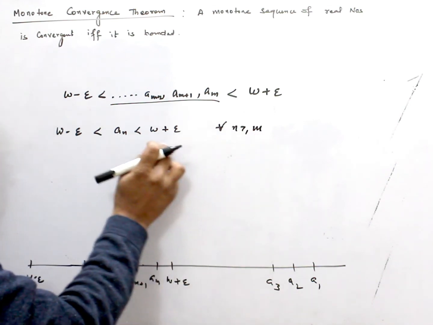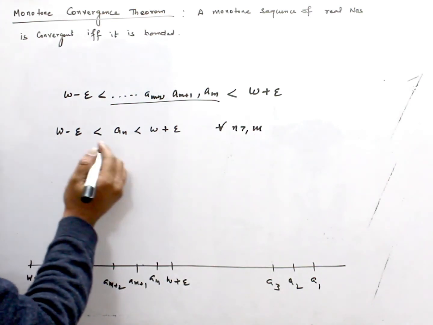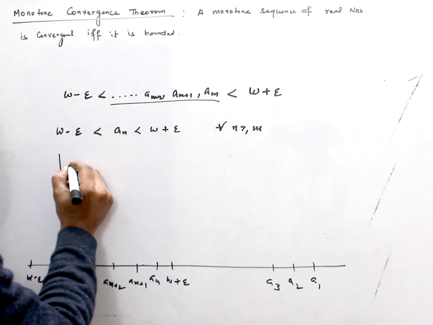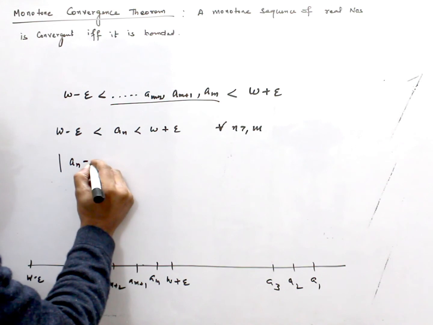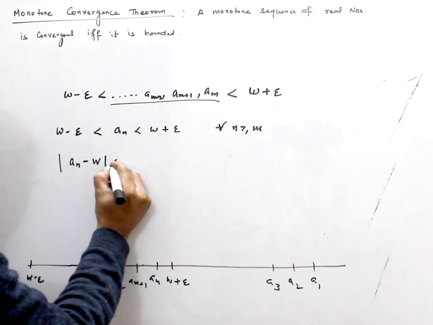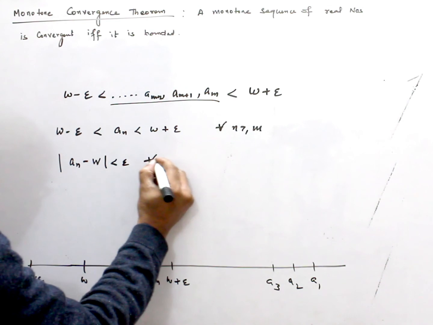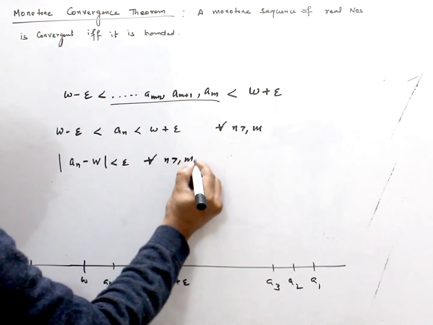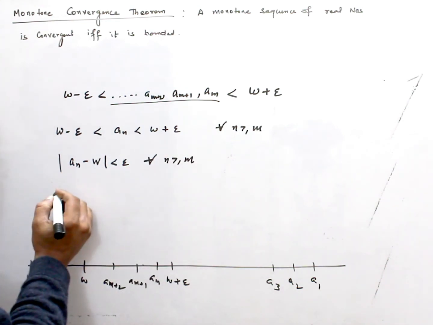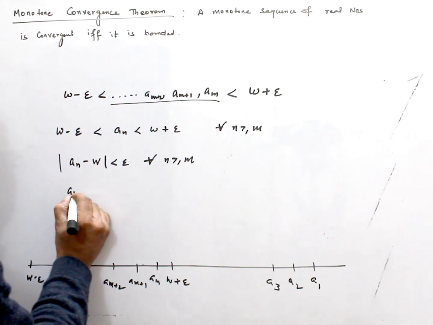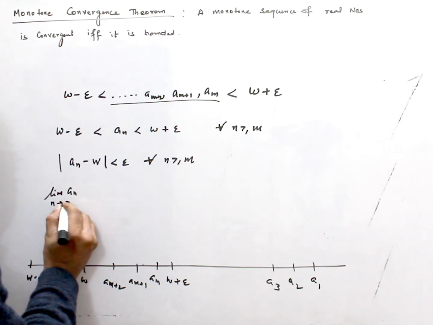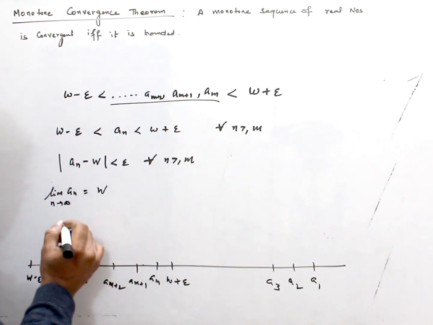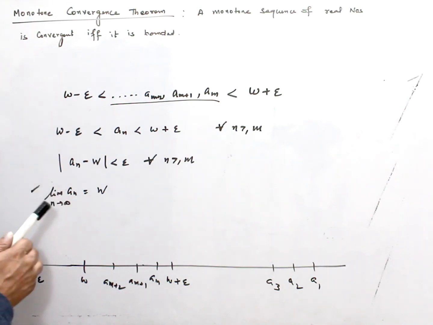As m increases, this again I can write as absolute value of a_n minus W less than epsilon for all n greater than m, and this means the limit of a_n is equal to W. So this decreasing sequence will converge to the infimum.